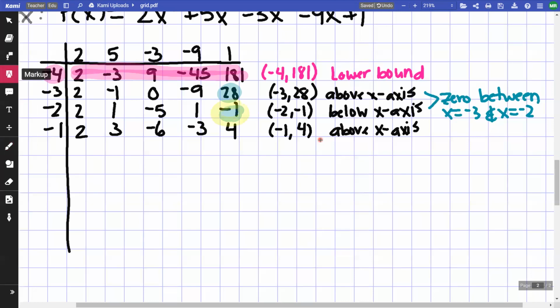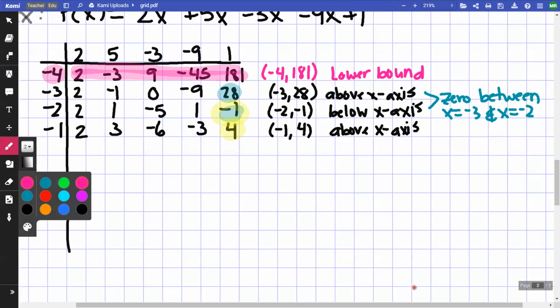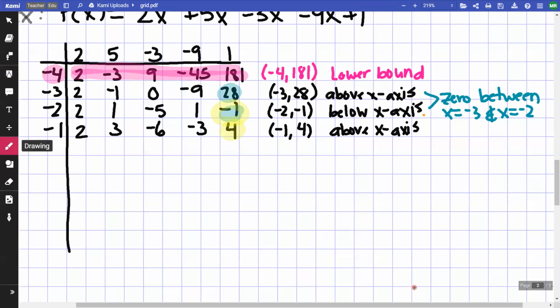So here and here, I was below and now I'm above. So I actually have another situation here where I have another 0. This time between x equal -2 and x equal -1. So I have 2 zeros, one somewhere here and one somewhere here.